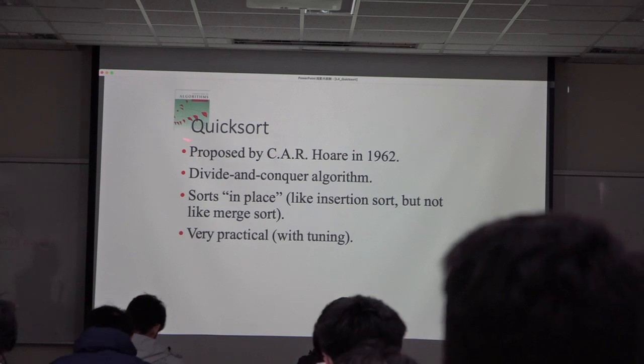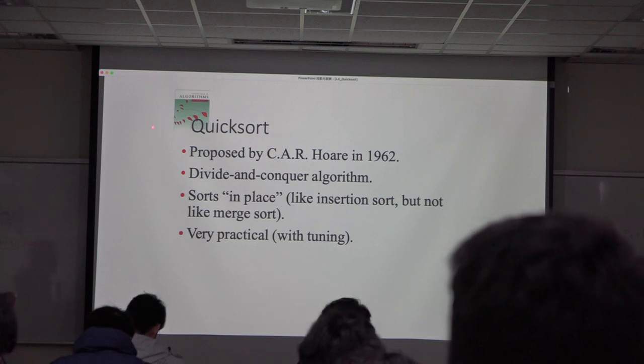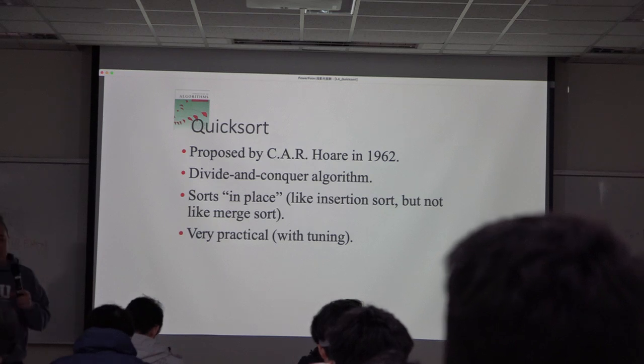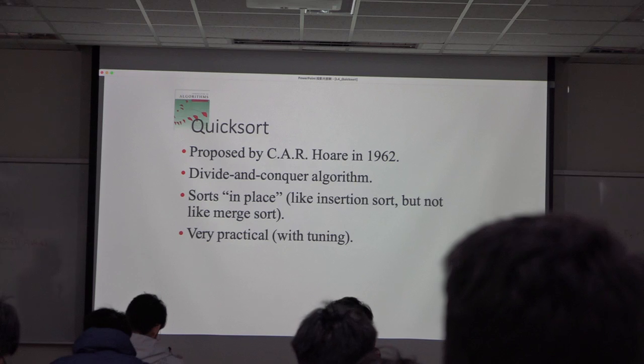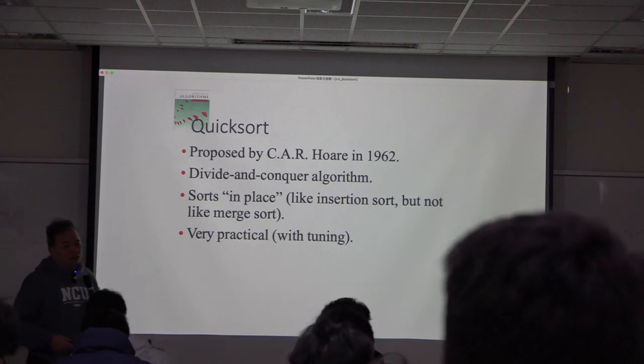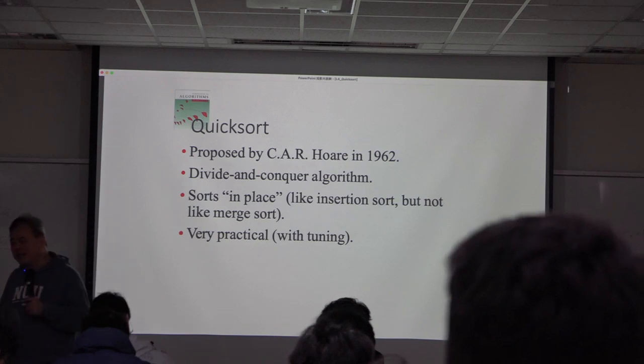This is obviously a divide and conquer algorithm, as I already mentioned, and it sorts the numbers in place. So what is in place? In place means you don't need additional space to sort these numbers. We know insertion sort also has a similar nature, right?